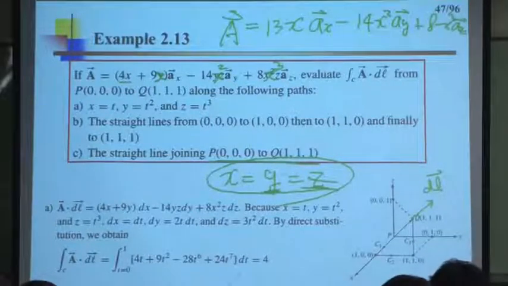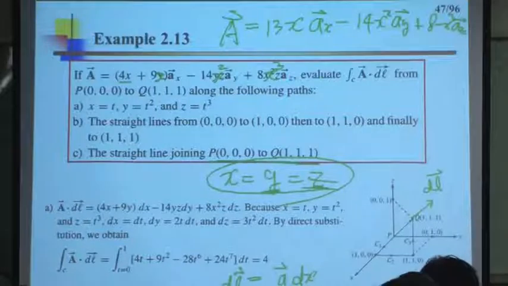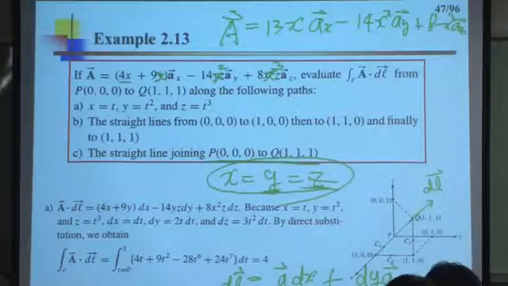So you can write the dl vector as dx ax vector plus dy ay vector plus dz az.